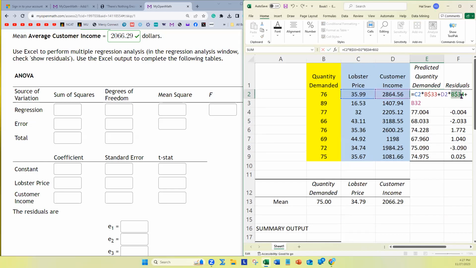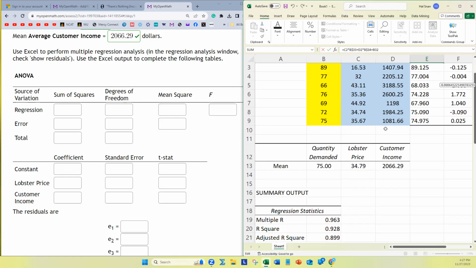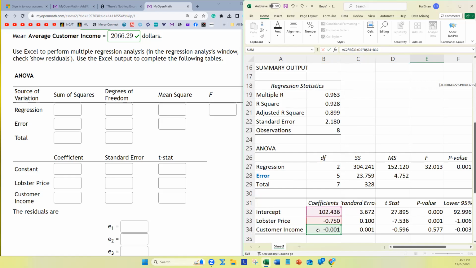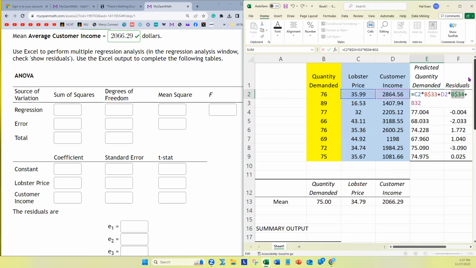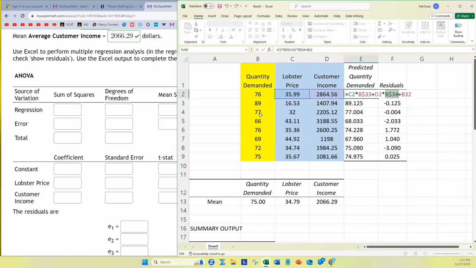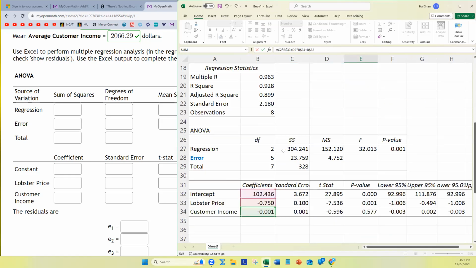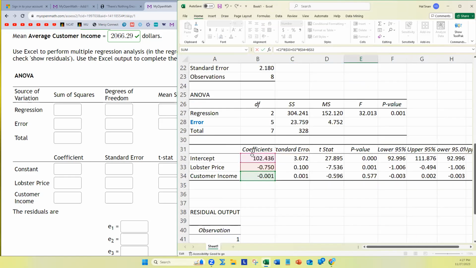And for me, B34 is the customer income slope coefficient, the green one, right? And then the last thing I'm going to do is put a $ sign between the B and the 32. B32 is the estimated intercept of this linear equation, right?